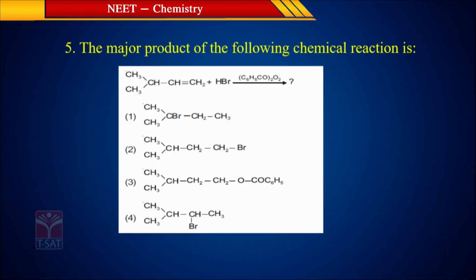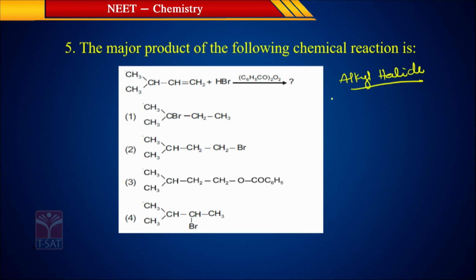And next one is the 5th question. The major product of the following chemical reaction. This question is again from alkyl halides, the first chapter in second year organic chemistry.